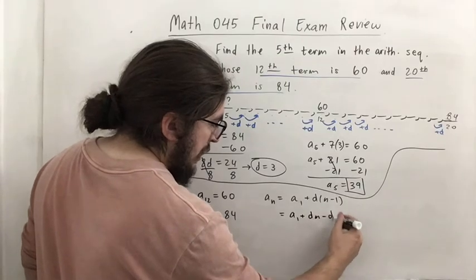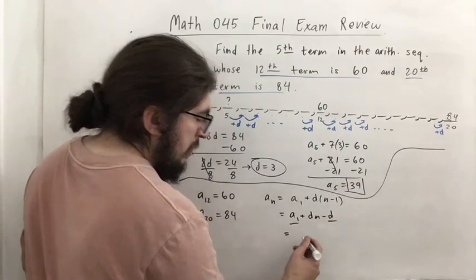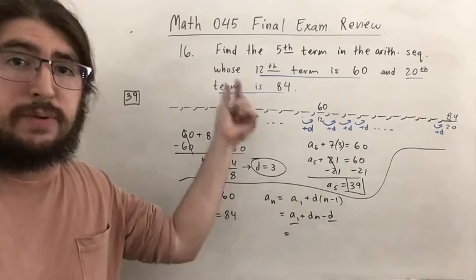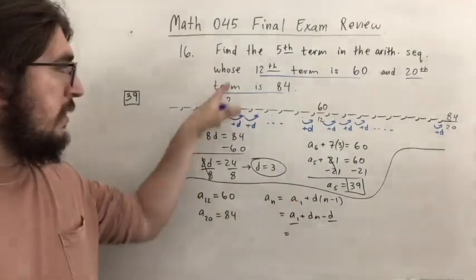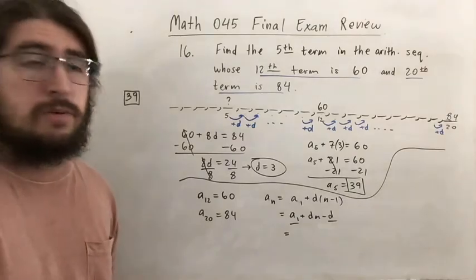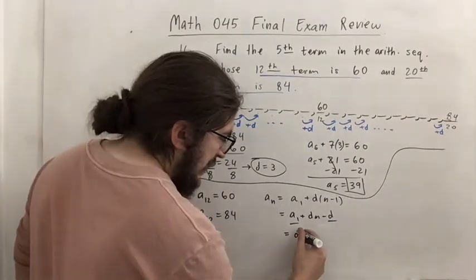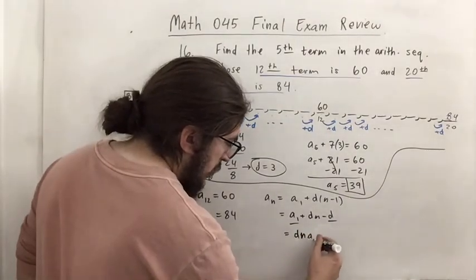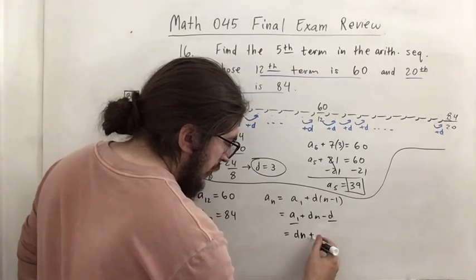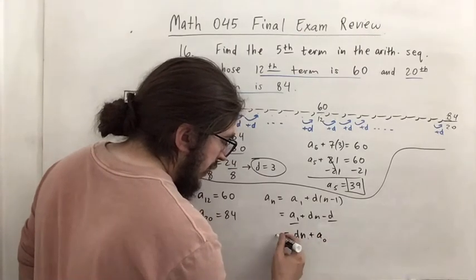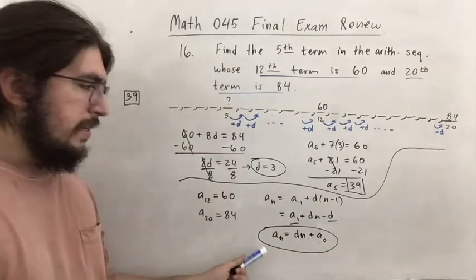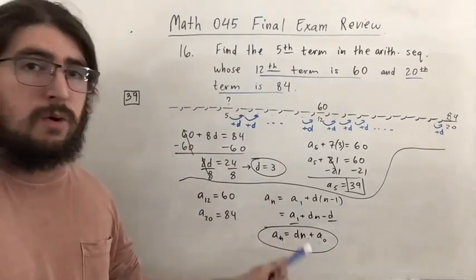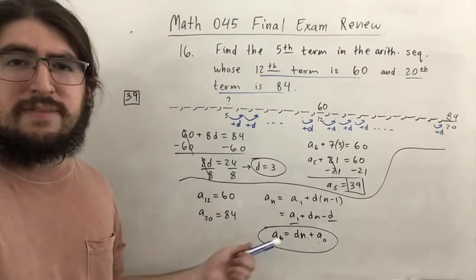And then if you combine these, notice a1 plus d would be a2, a2 plus d is a3, so a1 minus d would be the term before a1 if there was a term before. So I very often like to call it a0, so I think it's nicer to write it like that because you can kind of see that this indeed is a linear relationship. So an is equal to dn plus a0, where a0 and d are just numbers. So kind of think of like mx plus b.